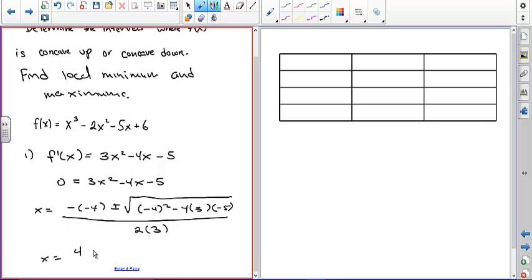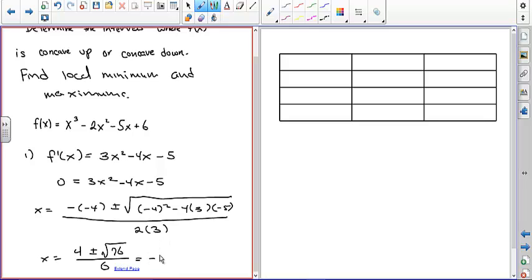So we'll get 4 plus or minus the square root of 76 divided by 6. And if we do decimals, 4 minus the square root of 76 divided by 6.